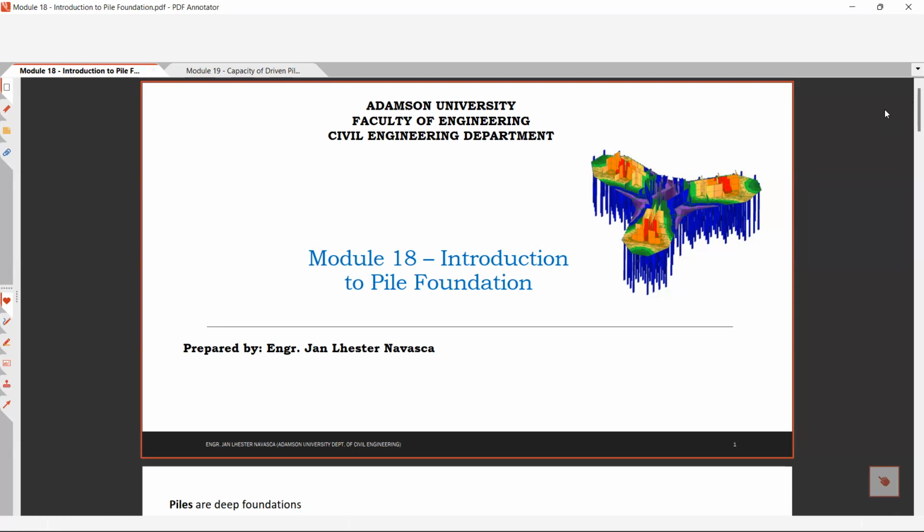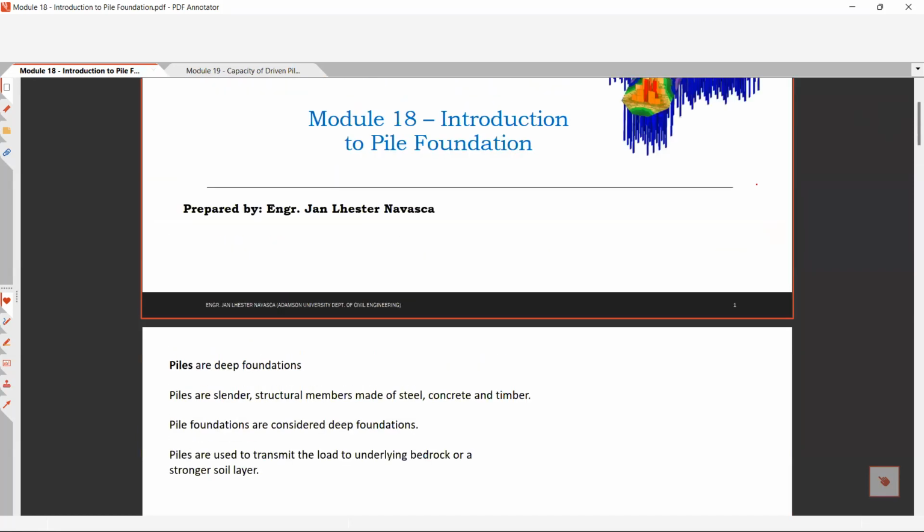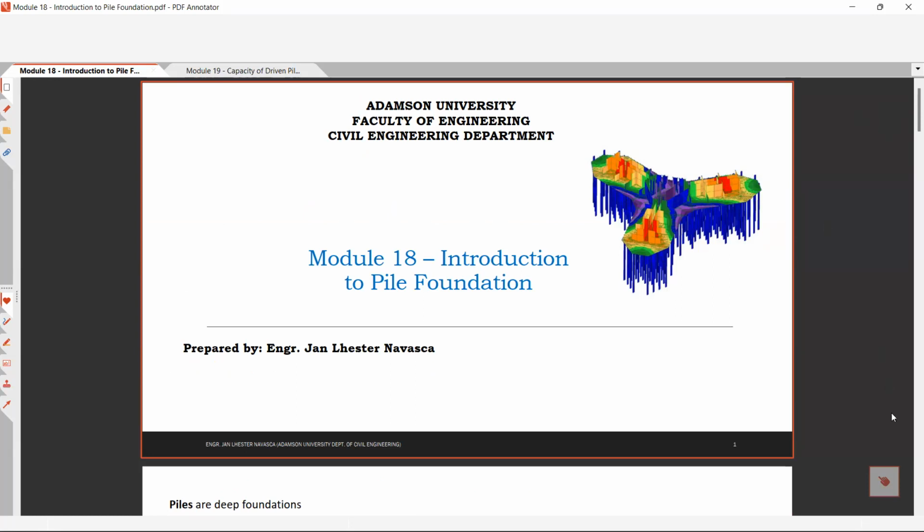Okay? So ano-ano ba yung mga deep foundations? One example of a deep foundation is yung pile foundation. Ito yung mas pinaka mostly used na deep foundations. I think na-discuss ko na sa inyo what are the difference between the deep and the shallow foundations.